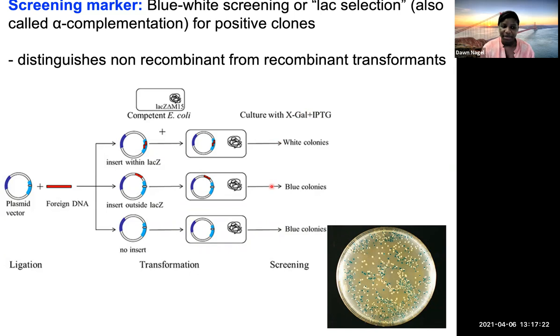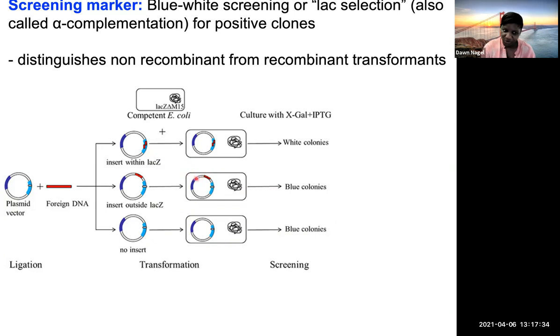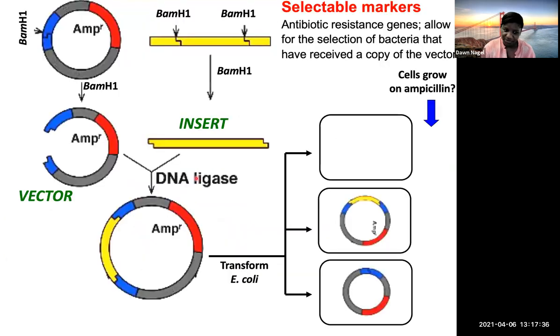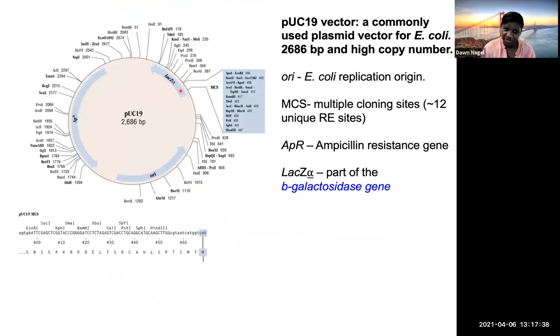So in this scenario, you don't disrupt the beta-galactosidase gene because you inserted somewhere else. You recall what I mentioned, that you have to disrupt this gene: the multi-cloning site is here, and if you put something here, you will disrupt this gene. If that insert goes somewhere else, this gene is not disrupted, it's still functional.